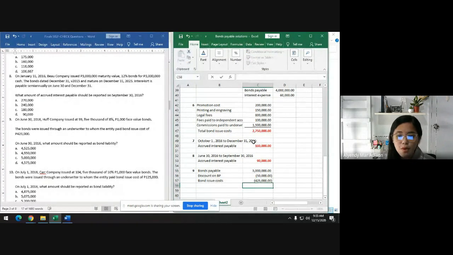Class, one thing to remember so you know whether to add or deduct is the normal balance.